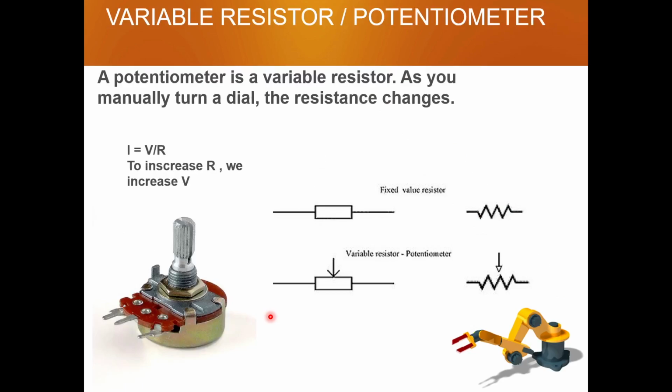The next one is the variable resistor or potentiometer. This is also the same, and the length of the resistor here, this up and down. This arrow is showing what the length is. Effective length means the number of ups and downs that will be actually reducing the current value.